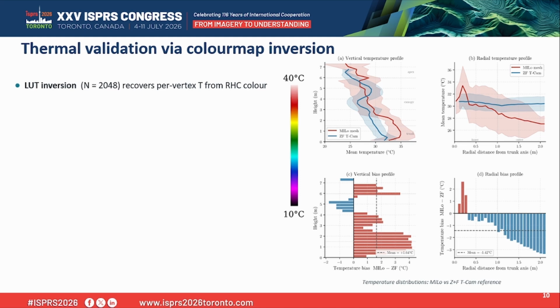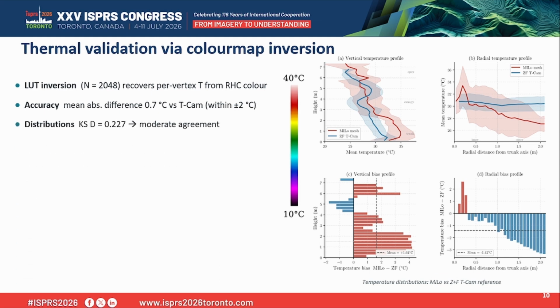Using a LUT inversion, sampling 2048 points recovers per vertex from the RHC color palette. And what we saw actually, the mean absolute difference of the accuracy, we reached 0.7 Celsius degrees against the TCAM reference, which is within our threshold of plus and minus 2 Celsius degrees.